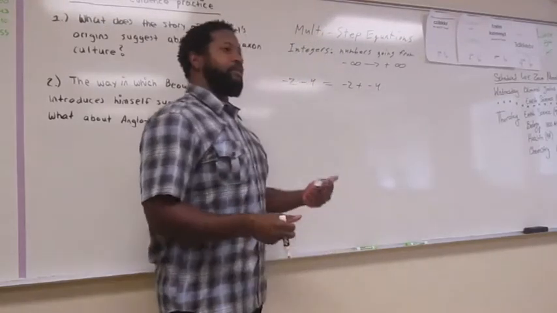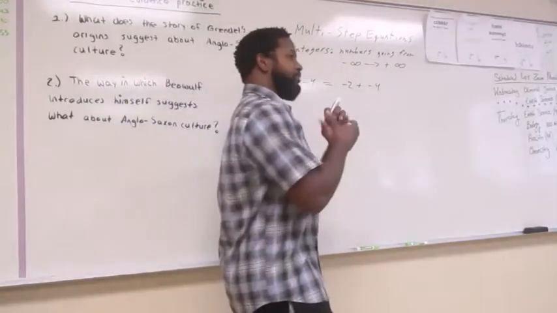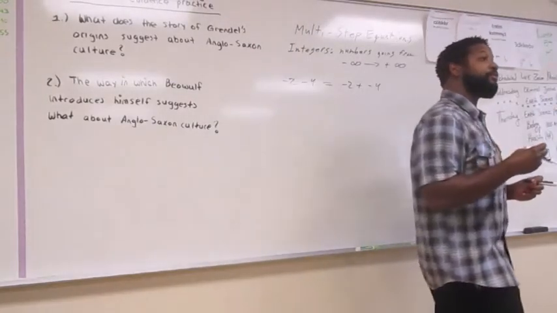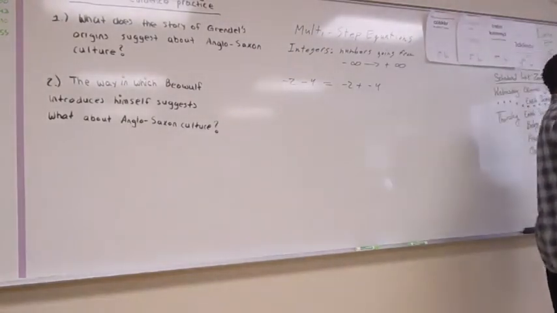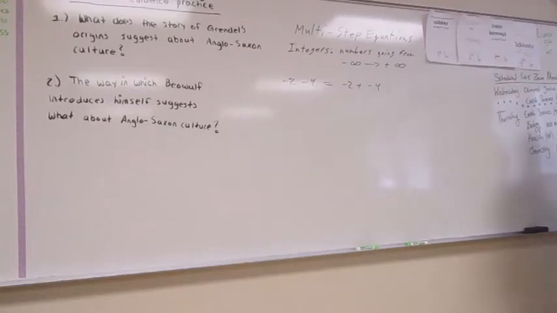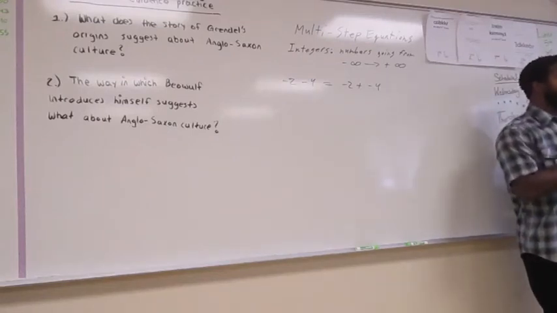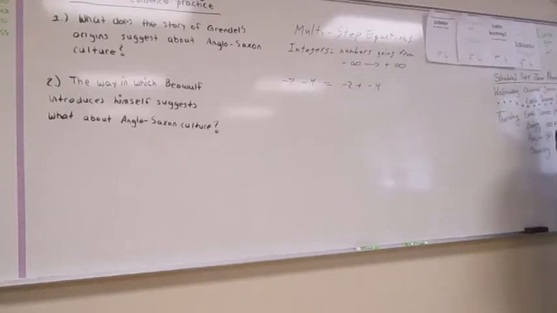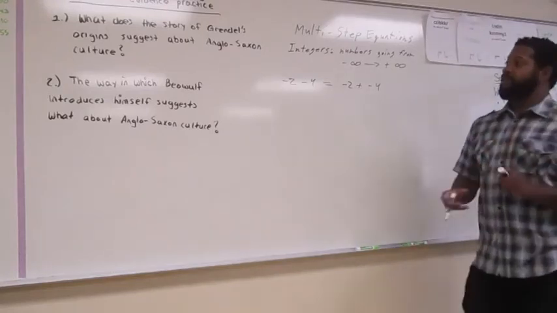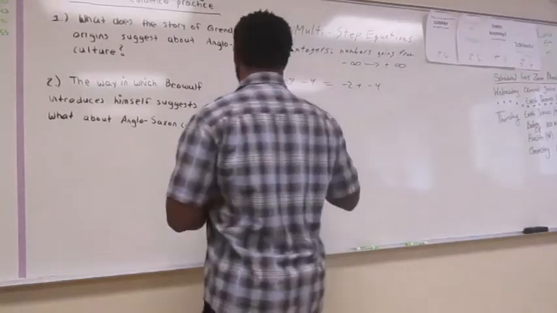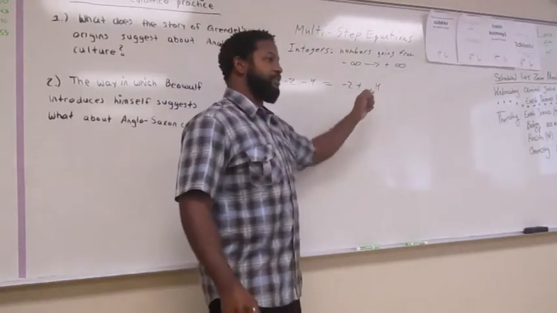When dealing with order of operations and combining like terms, your negative sign and your subtraction sign go hand in hand. So when you see -2 minus 4, that's just like saying -2 plus a -4.